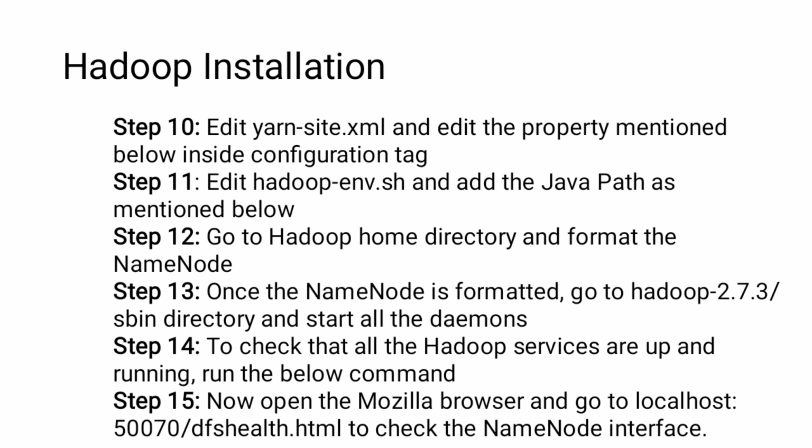Once the name node is formatted, go to the Hadoop 2.7.3 sbin directory and start all the daemons. Step 14. To check that all the Hadoop services are up and running, run the below command. Step 15. Now open the Mozilla browser and go to localhost.